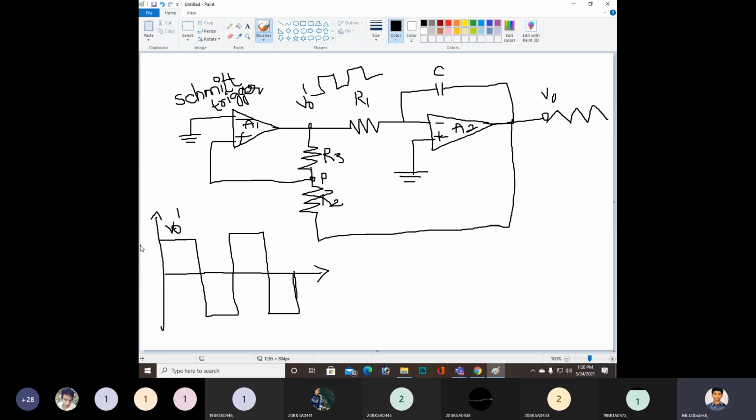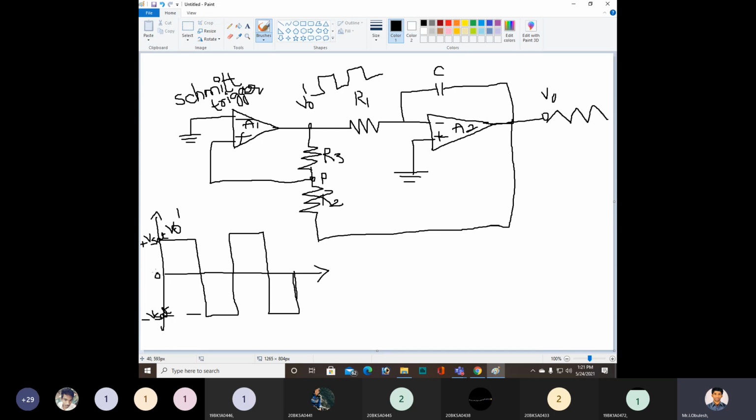This is the plus V saturation. This is the minus V saturation. Here 0. If you connect this output signal to inverting input terminal of A2, then what is the V0 value?